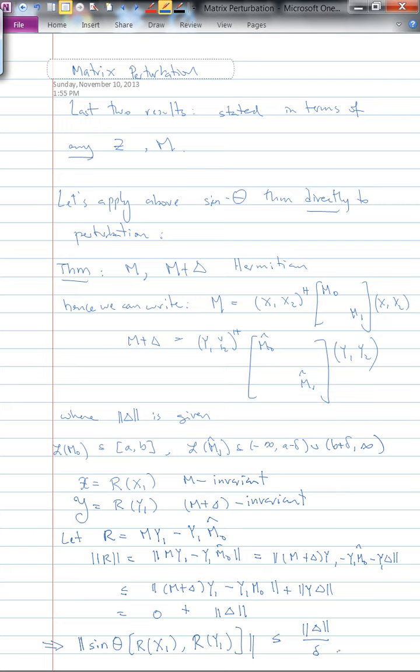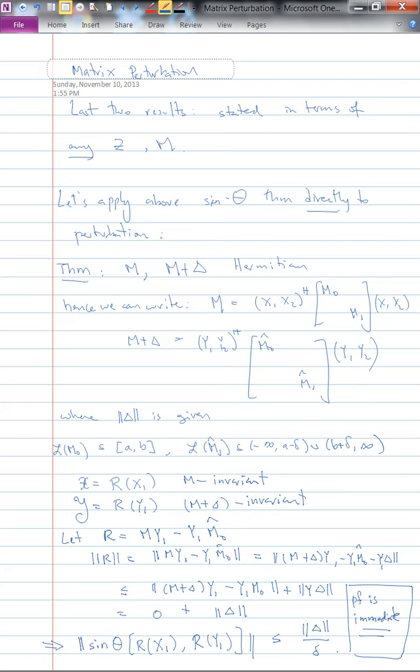Okay, so the proof of this is essentially immediate, but to understand the connection to the previous two theorems, just plug everything in, so that the connection is absolutely clear.